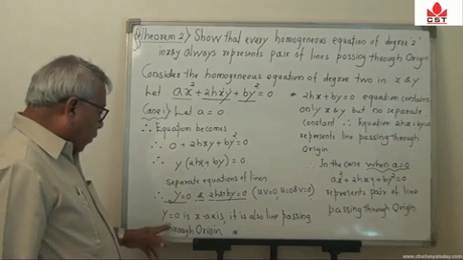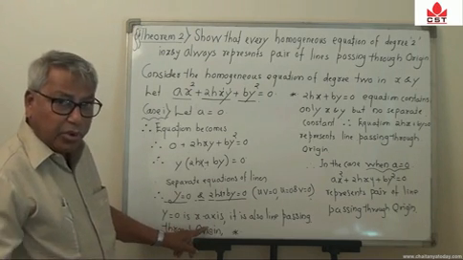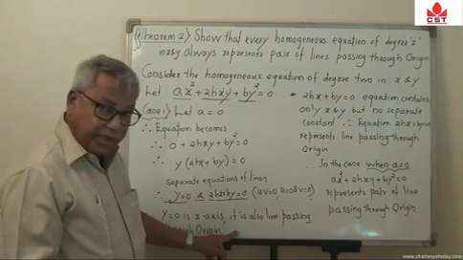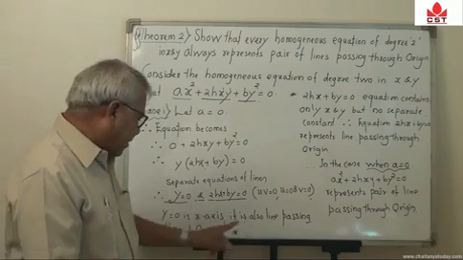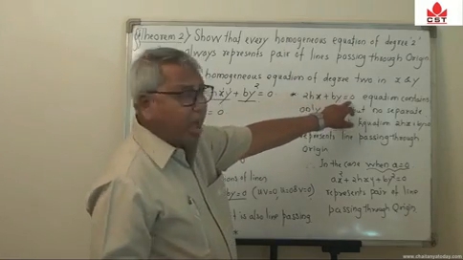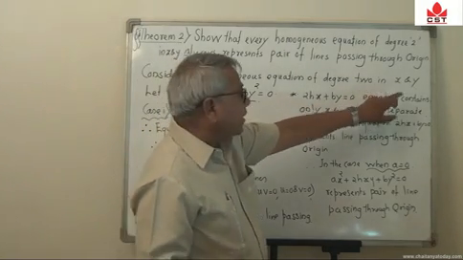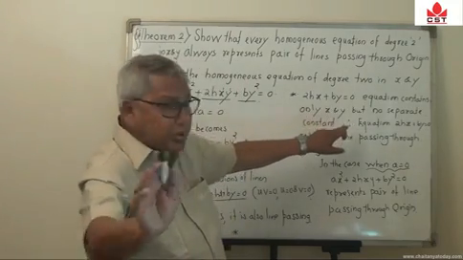Y equal to 0 is the equation of the x-axis. It is also a line. The x-axis is also a line passing through origin. Whereas the equation 2hx plus by equal to 0 contains only x and y, no separate constant.